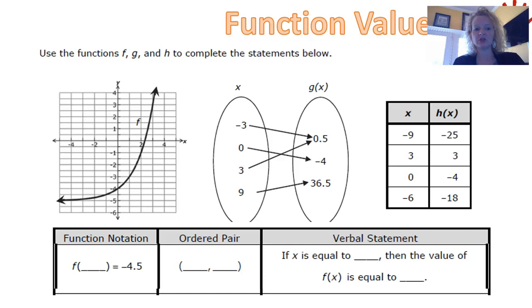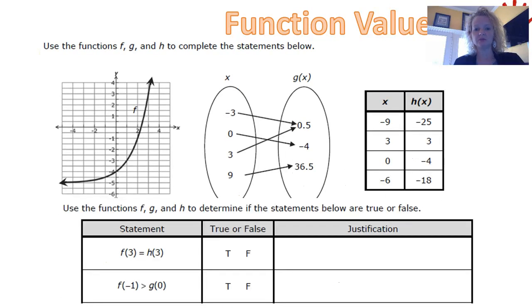And here's an extra one for you to do on your own. So let's now go to this one. The statement says f of 3 equals h of 3. Well, let's see if that's a true statement. F of 3, so go to your f of 3, your x value is 3, our y value would be 3 as well.